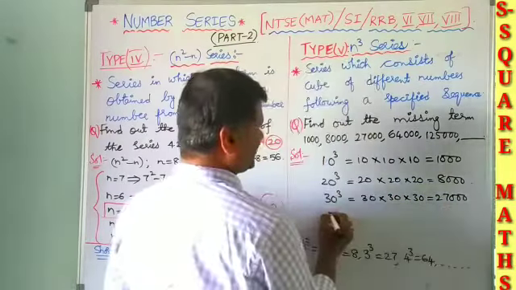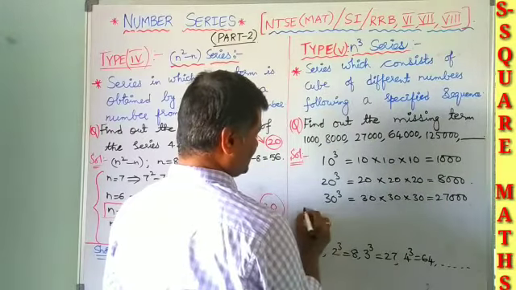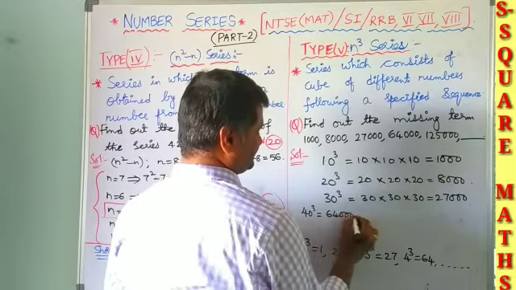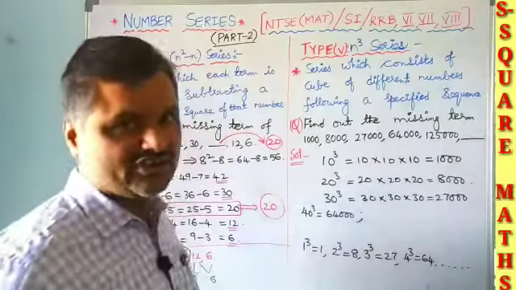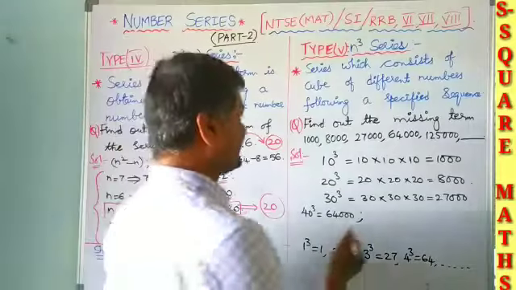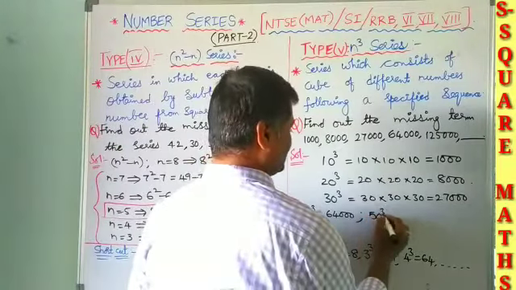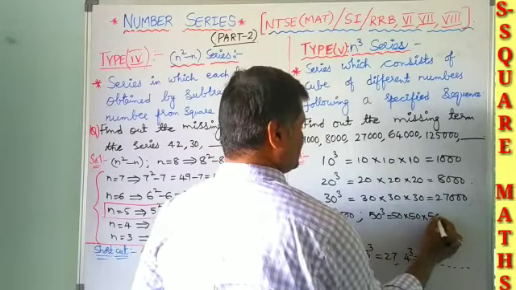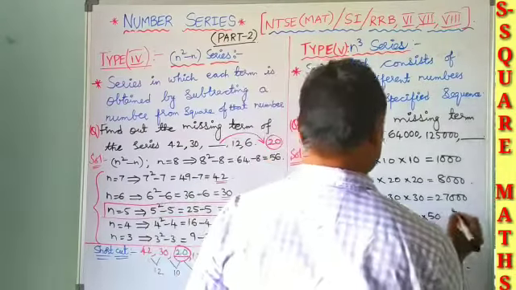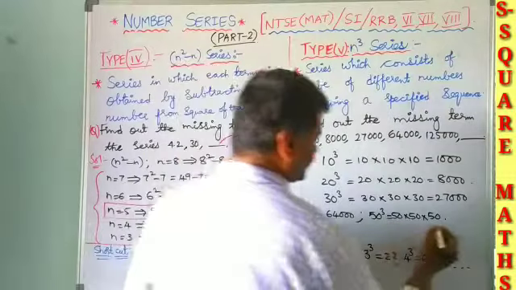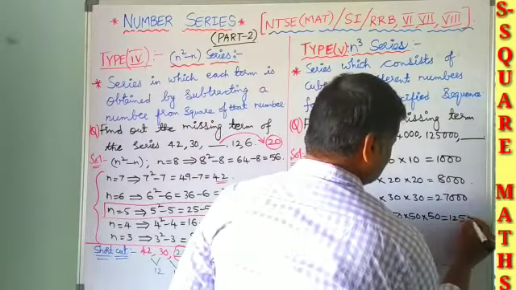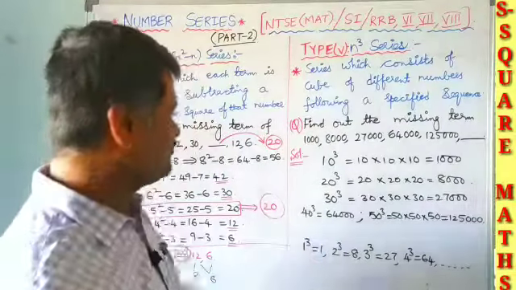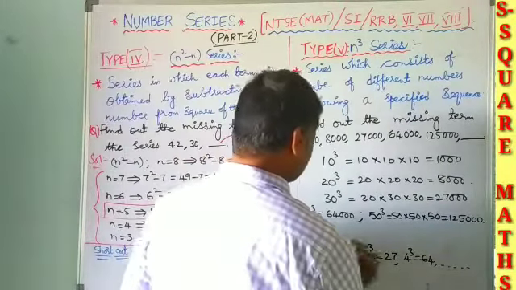In the same way, 40 cube is 64,000, nothing but 40 into 40 into 40. Next 50 cube, nothing but 50 into 50 into 50, which gives you 125,000, that is 1,25,000.